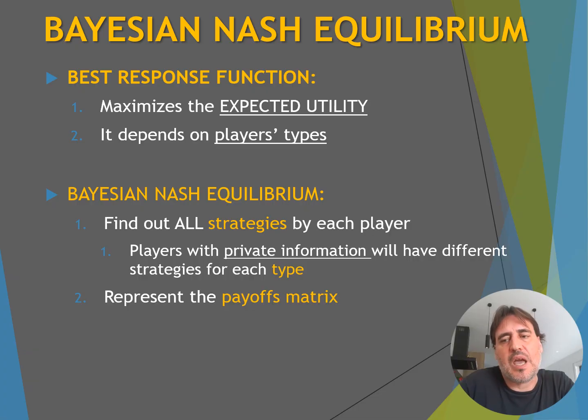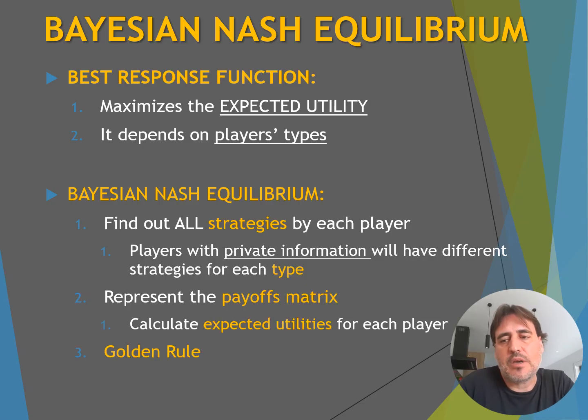To fill in the payoffs in each cell, note that the player with incomplete information must compute expected utility in each situation, and the player with private information can have in each cell as many payoff values as likely types, or can calculate again his or her expected utility.